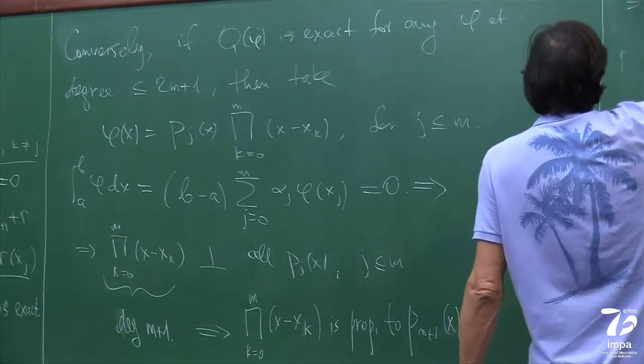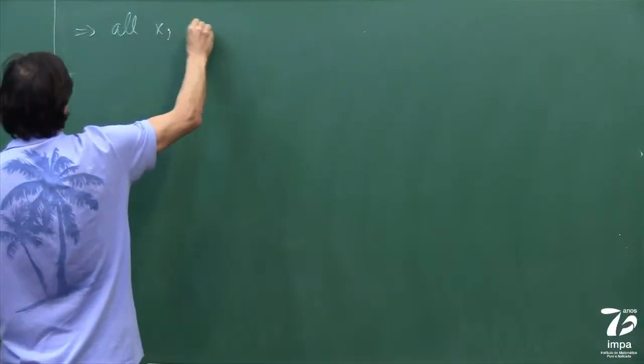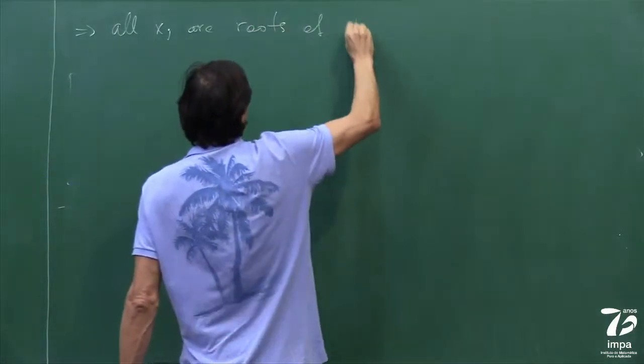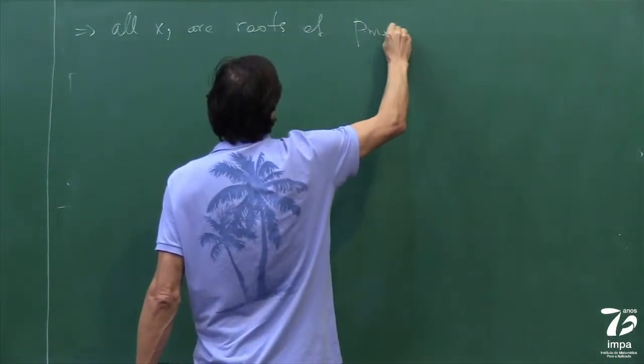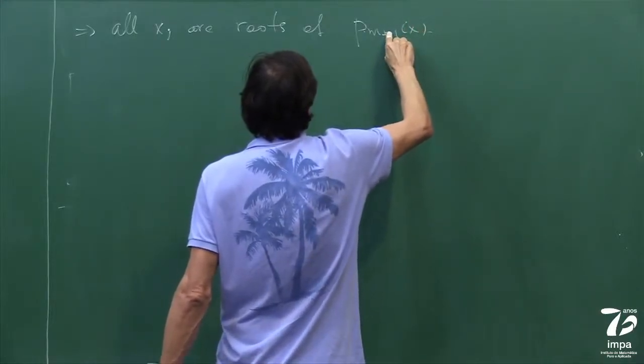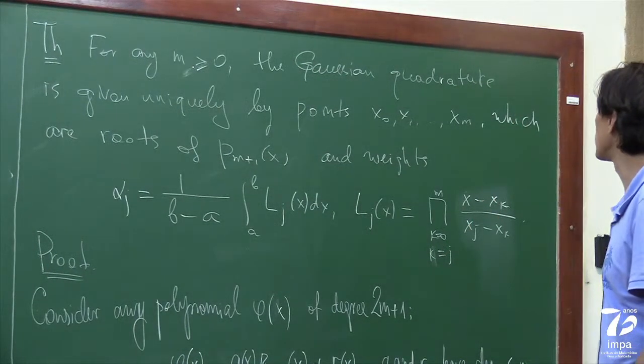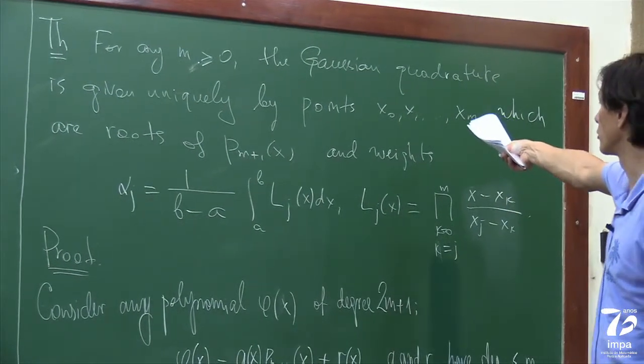Hence, all xj are roots of P(m+1)(x). So we proved that for any Gaussian quadrature, nodal points can be only those.